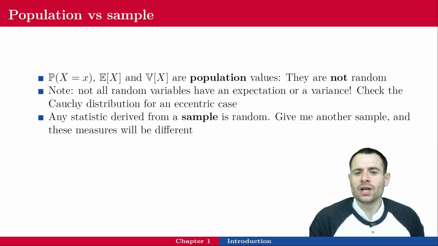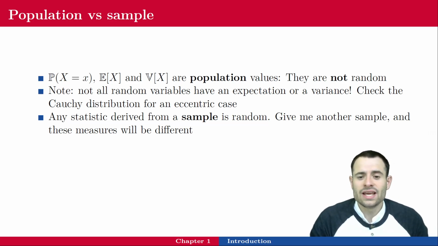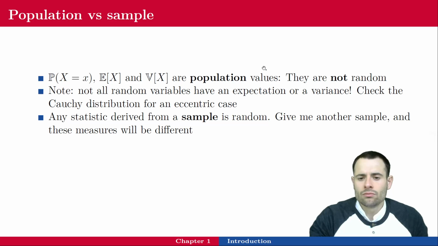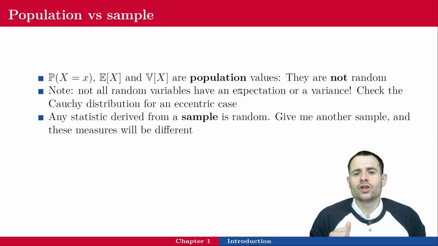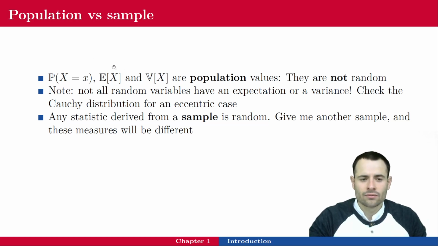As opposed to population values, any statistic derived from a sample is going to be random. Why is it random? Because if you give me another sample, it will be different. Imagine I want to look at the average age of SFU students. If I want to get a population value, I would need, in one given year, to get the age of everybody enrolled at SFU. And then I take the average. That would be my expectation.